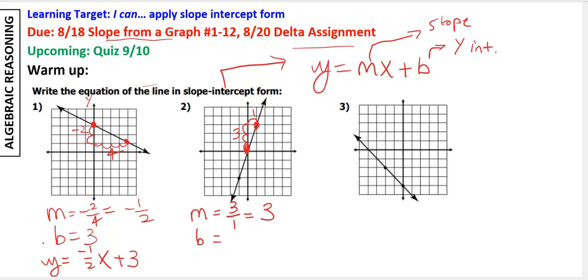My b value, my y-intercept, where does this graph cross this y-intercept? And it's right here in the center. What is that y value right there in the center? 0. Big old 0 at the origin, okay? So, once again, I'm going to, hey, look over here.